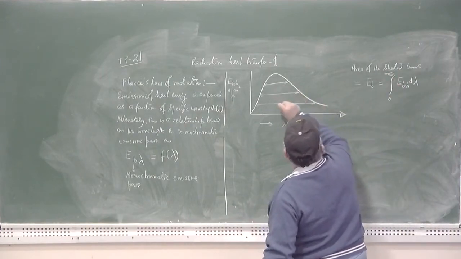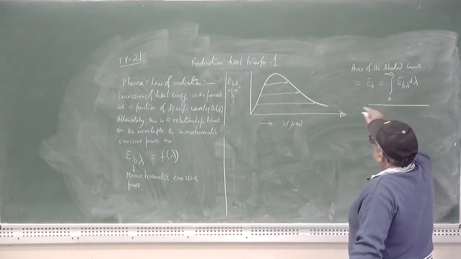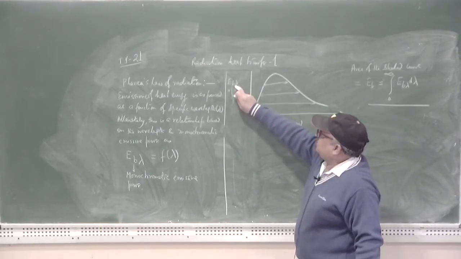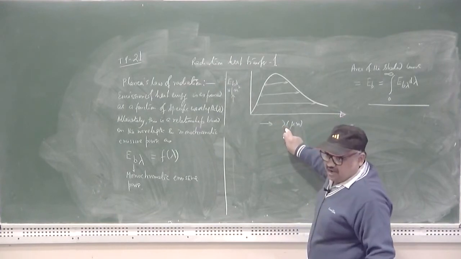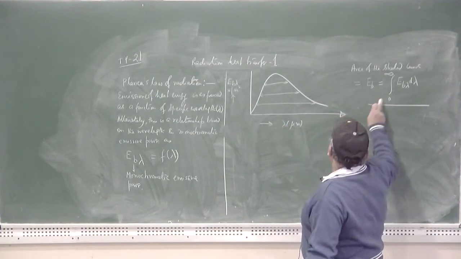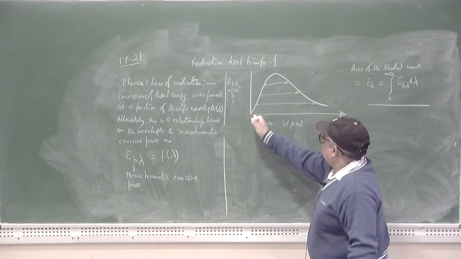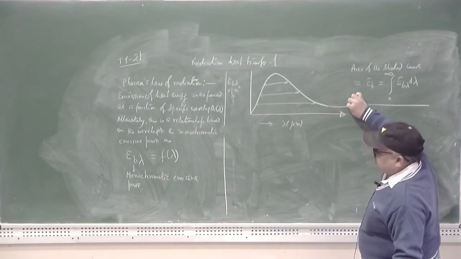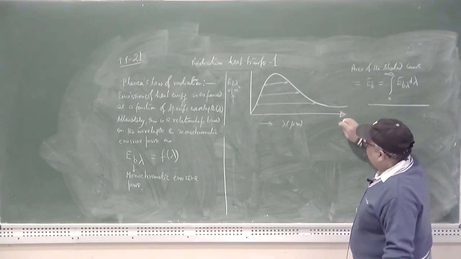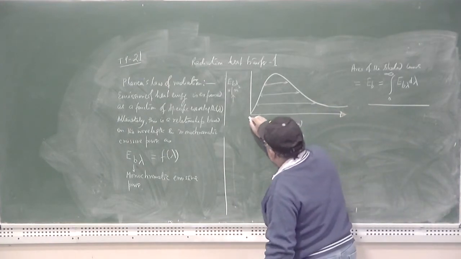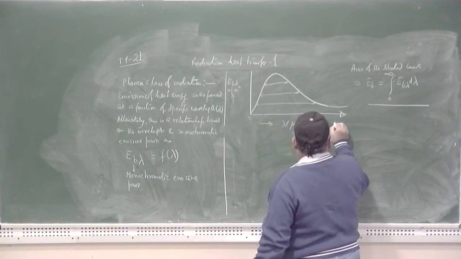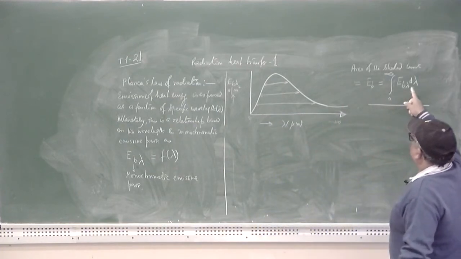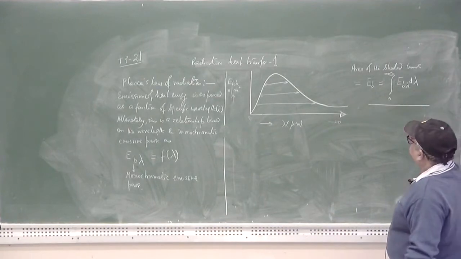This will be the expression for the area of the shaded curve, because the curve becomes asymptotic in nature after this point. So, the value of lambda should be taken from 0 to infinity. So, EB is equal to the integration from 0 to infinity of Eb lambda d lambda.